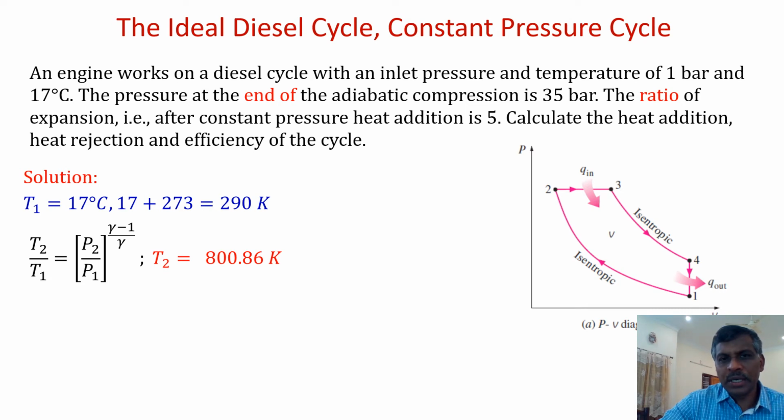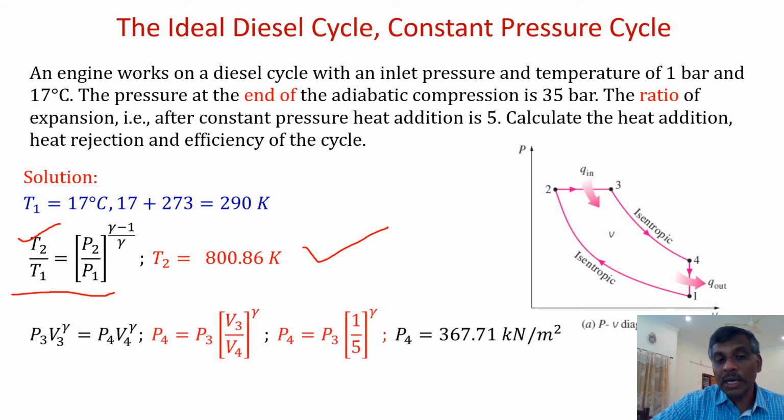The compression ratio is not given, but they have given the pressures P1 and P2. So we are trying to use the other equation for reversible adiabatic process: T2 by T1 is equal to P2 by P1 to the power gamma minus 1 by gamma. In this equation the only unknown is T2, so T2 can be found out easily. Once T2 is found out, you know that P2 equal to P3.